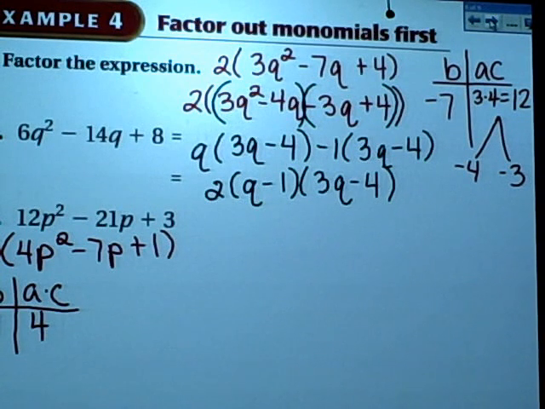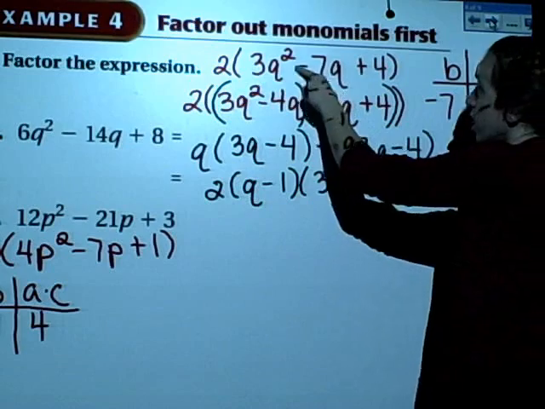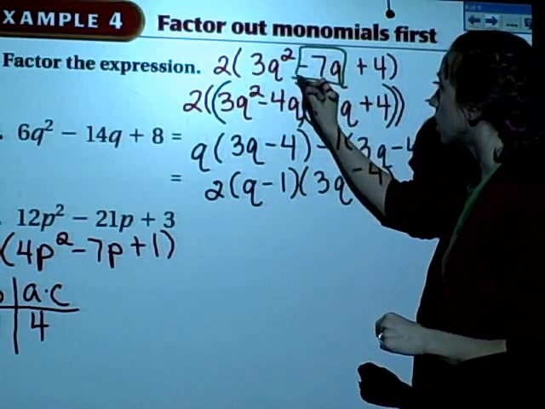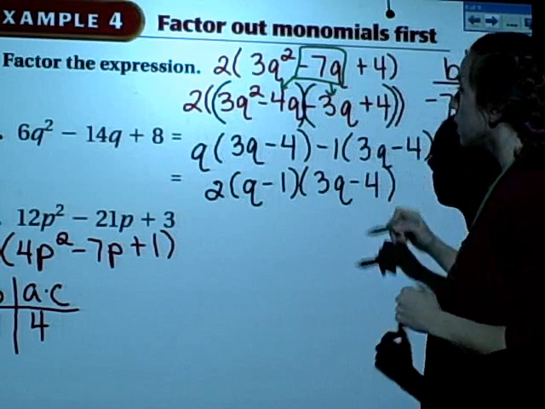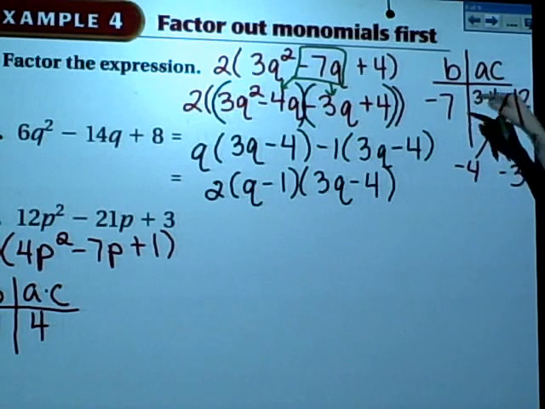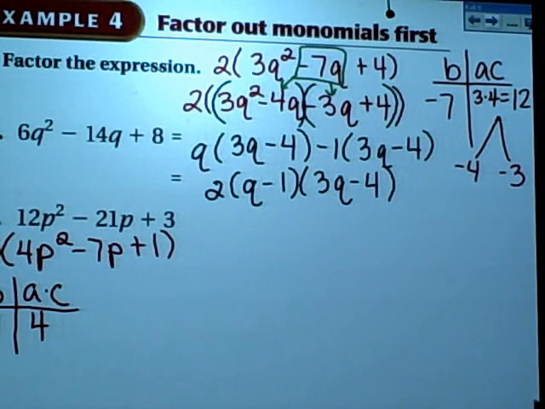And the only way to do that is negative 4 and negative 3. So I then changed this negative 7q into negative 4q and negative 3q because that's what fit in my BAC chart. Again, it's factors that will multiply to be the A times C and add to be the B.